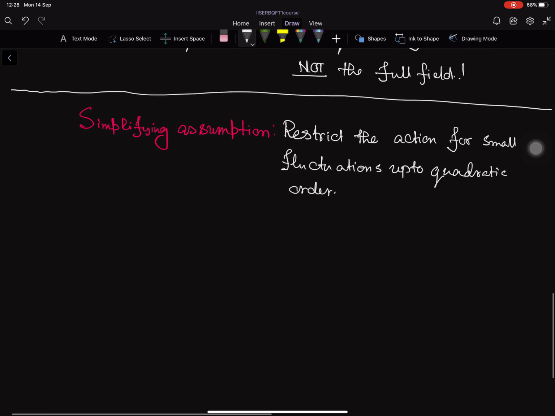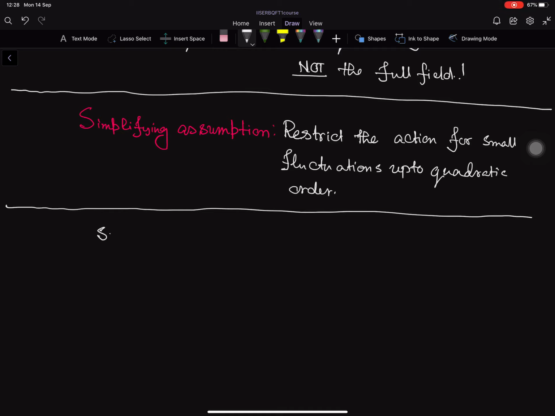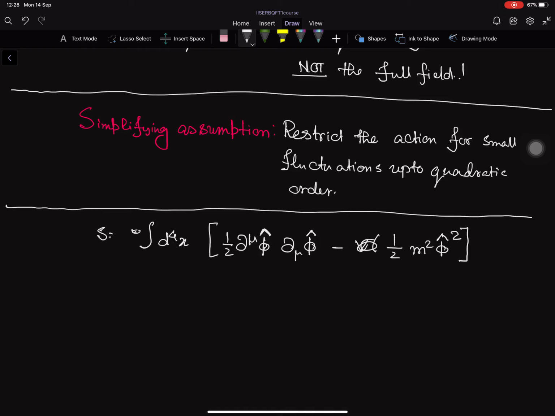Okay. So the thing that we then want to discuss is the following. After this simplifying assumption, our action is simply the integral d4x of del mu phi hat del mu phi hat minus, let's say, you put a half here, half m square phi hat square, where phi hat is a function of space time.